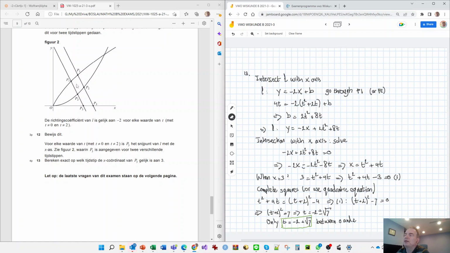And then secondly, what we know from this line, it has to go through either P1 or P2. And you can choose either one, because the slope is such that if it goes through P1, it will go through P2, and vice versa. So, what did I do here? I used point P1.